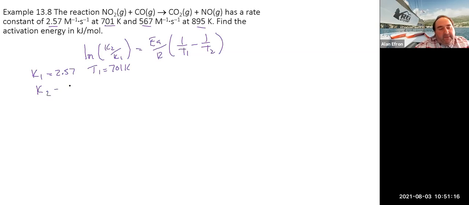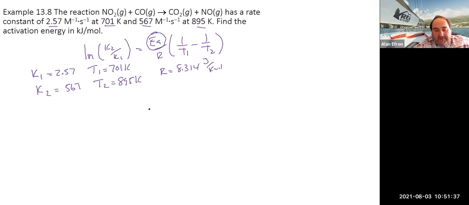Our k2 is 567 and our T2 is 895 Kelvin. We always have R as well, which is 8.314 joules per Kelvin per mole. In this case, the only thing we're missing is the activation energy.